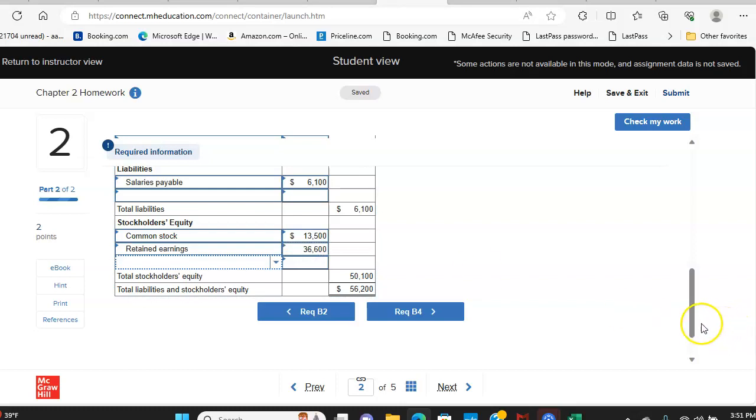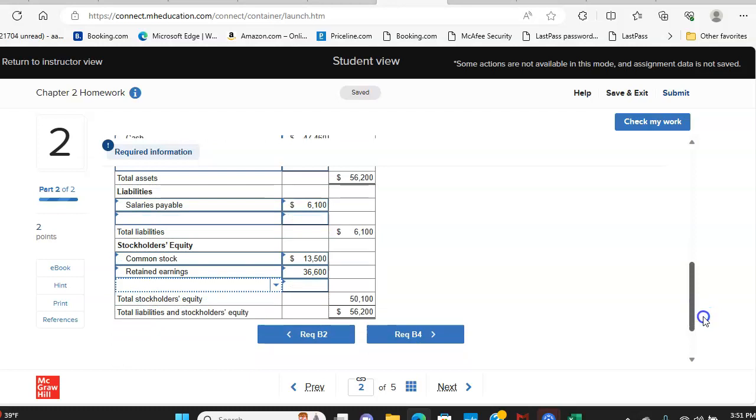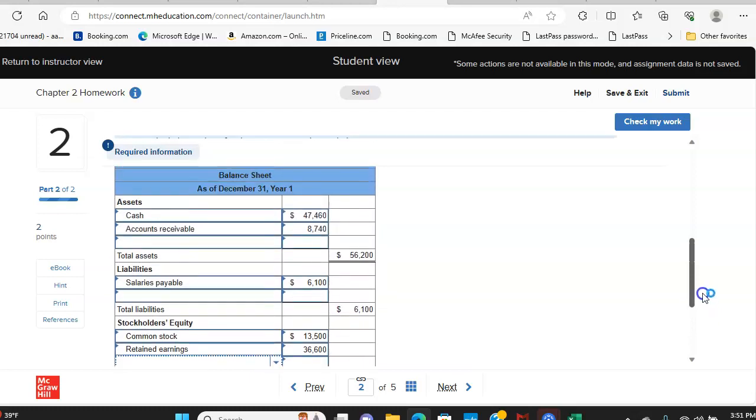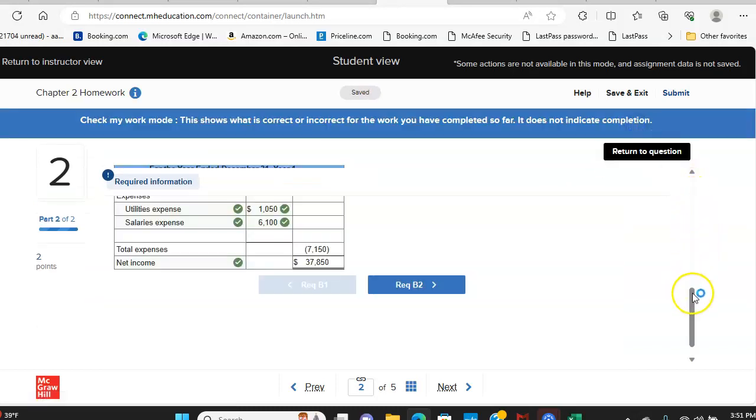So my total equity would be 50,100, and my balance sheet must balance. My assets must equal liabilities plus equity. They both total 56,200. So that is correct. I'll do a quick check of my work just to make sure.